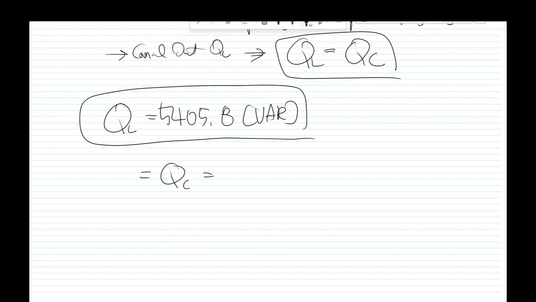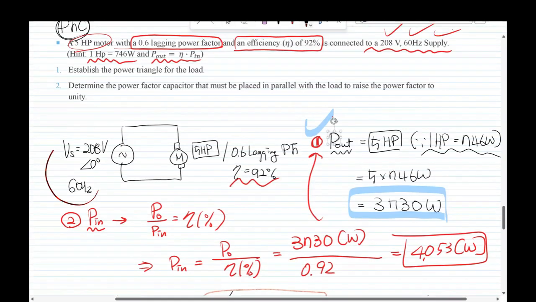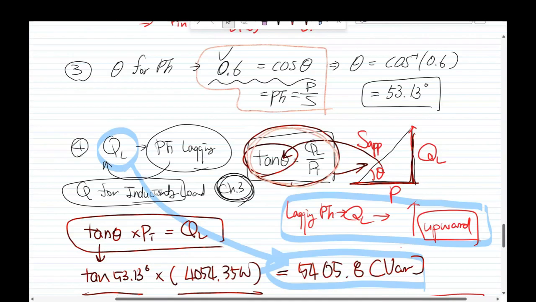So what is Q sub C? Q sub C is V sub S squared over X sub C. What is V sub S? This is the supply voltage right there, 280 volt.